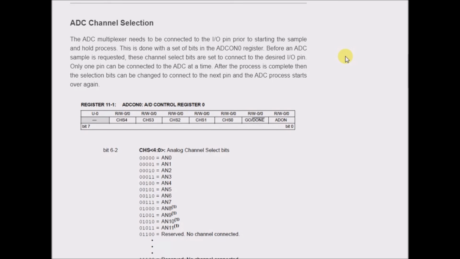Only one pin can be connected to the ADC at a time. After the process is complete, then the selection bits can be changed to connect to the next pin, and the ADC process starts over again. ADCON0, AD control register 0. Analog channel select bits.